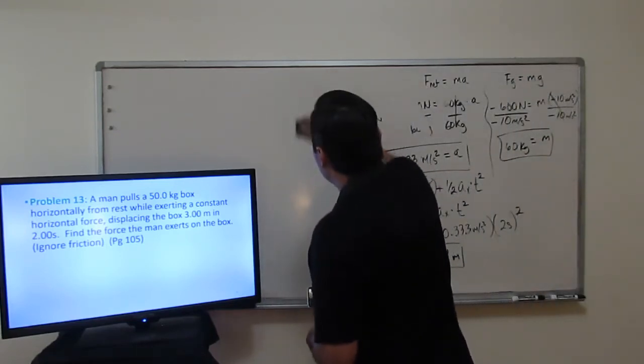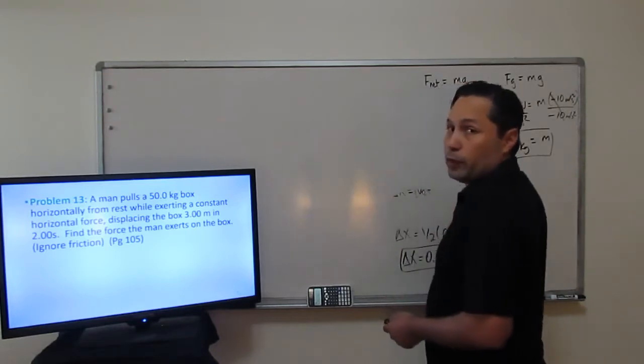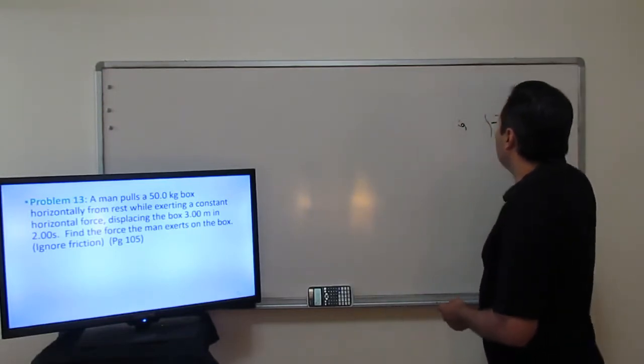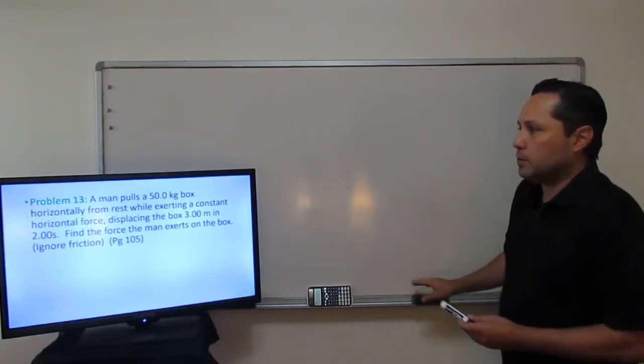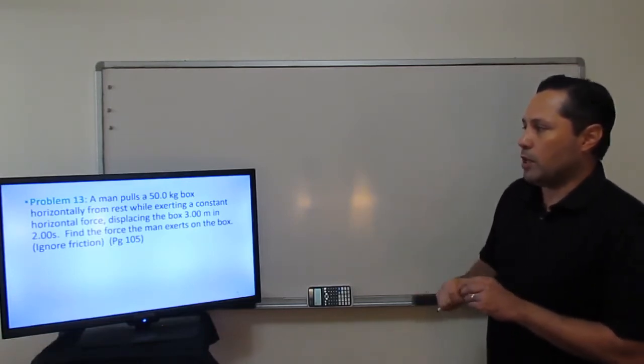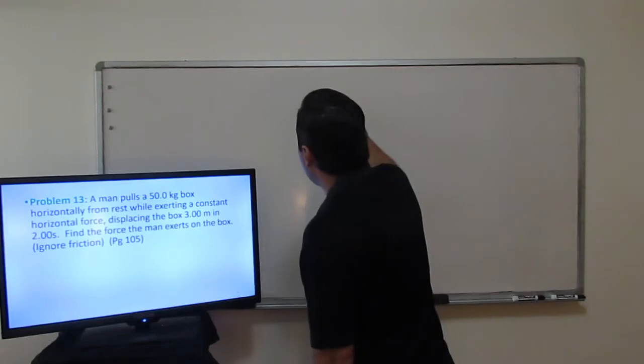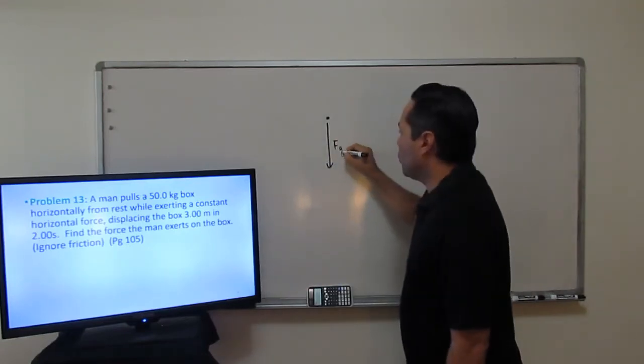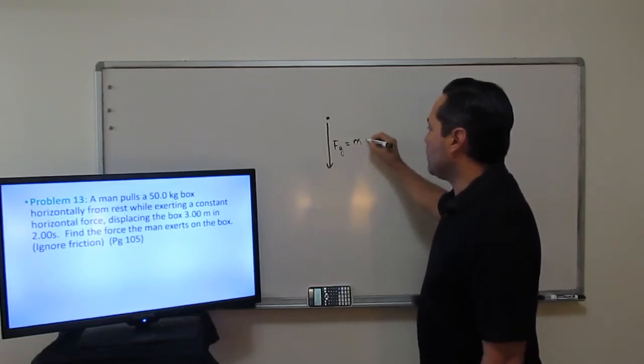Alright, so for right now we're going to ignore the friction and we're going to start with a free body diagram to get a pretty good understanding of what exactly is given to us and what they want from us. So the mass of the box is 50 kilograms. Now I can go ahead and get my force due to gravity, because you know that that is mass times gravity.